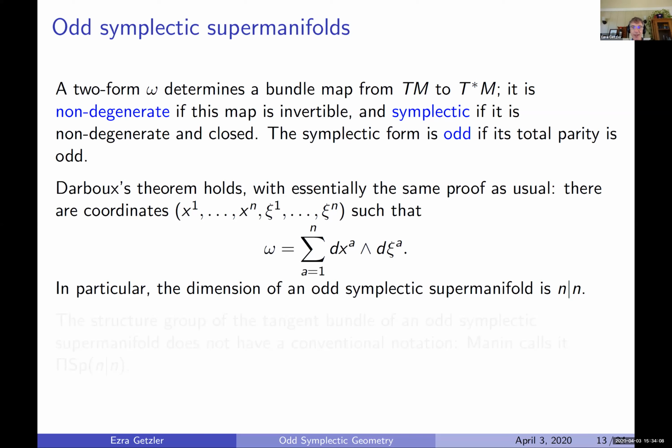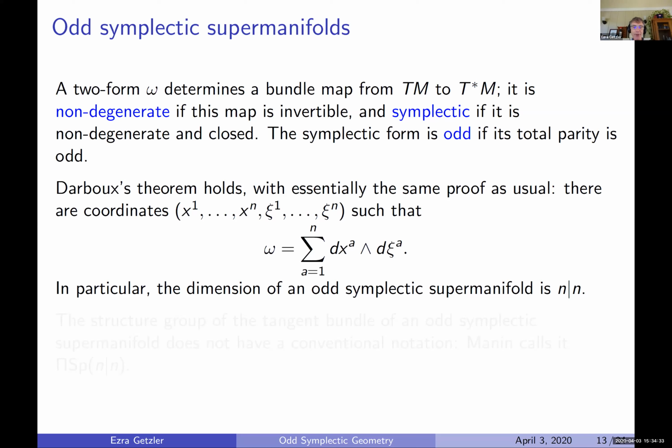They're in some sense canonically conjugate pairs. And the symplectic form is then written in this manner as a sum over these pairs of dx wedge dxi. So when I say that the symplectic form is odd, what I mean is that each factor there has one odd and one even term, okay?